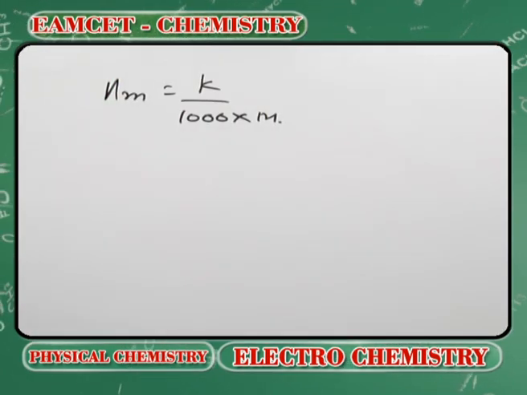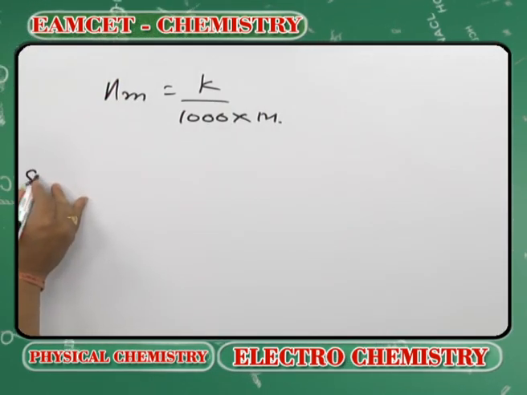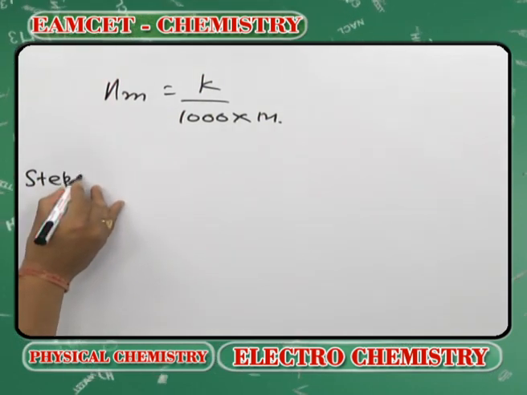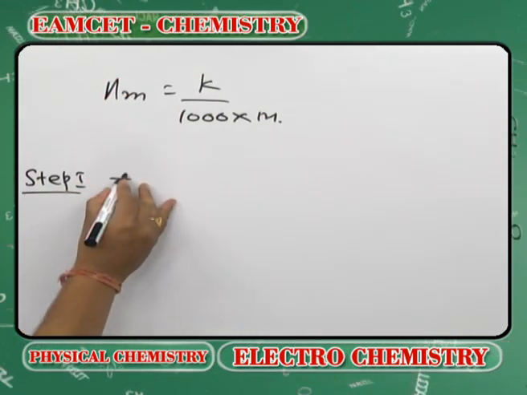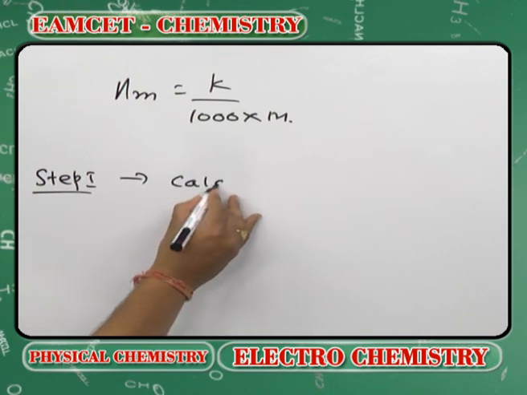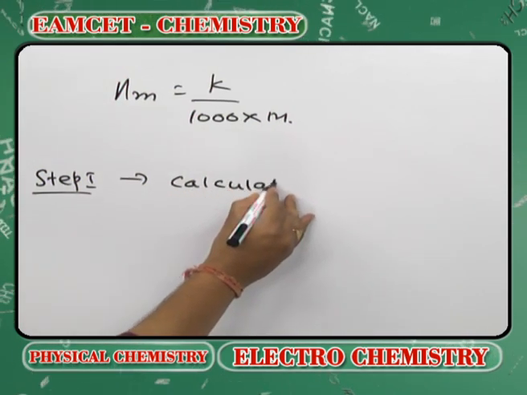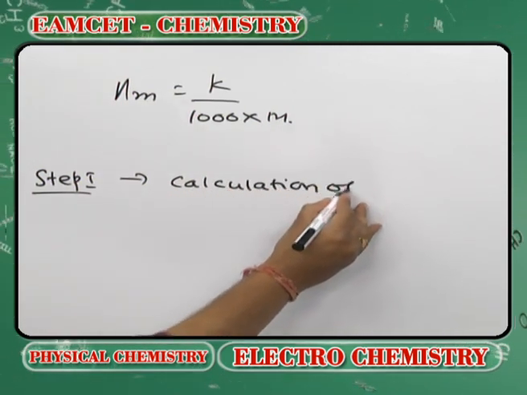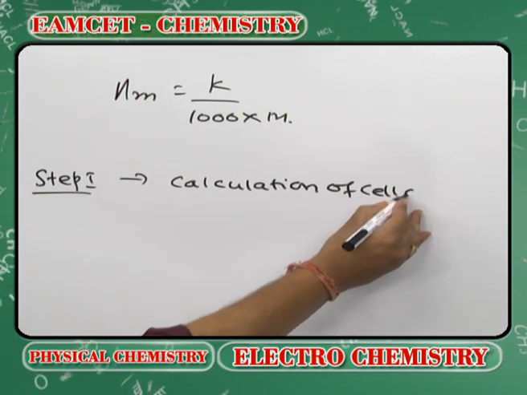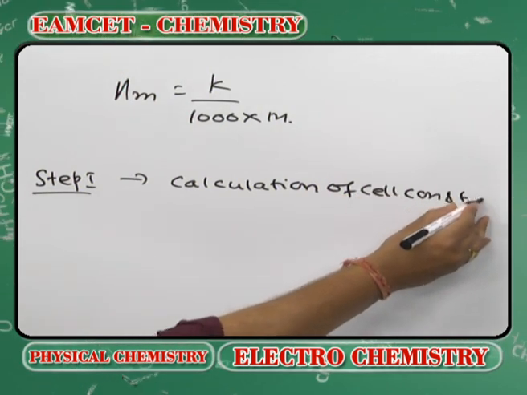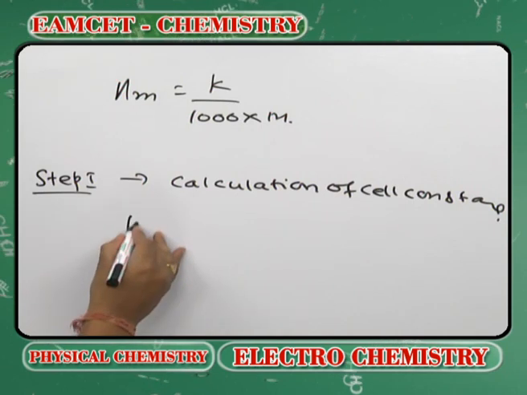Here the problem is given in 2 steps. In step 1, what we have to do? We have to calculate the cell constant, because they have given us the K value.